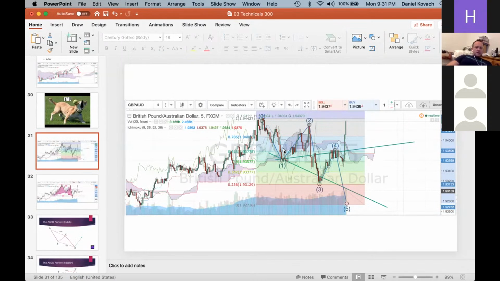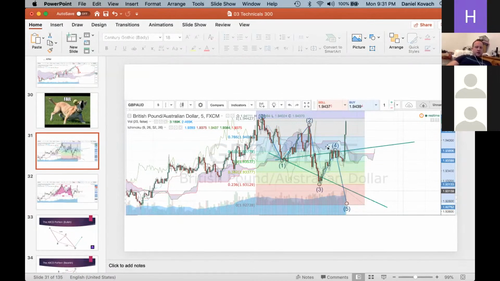But the main reason why it failed was because I didn't wait. And yes, I did take this trade, so I'm having you guys learn from my mistakes. But you see, 1 and 3 should be my entry price, right? I was trying to preemptively jump it here to ride this retracement when I should have been waiting patiently for it to hit this trend line. Okay, that's very important that you understand that.